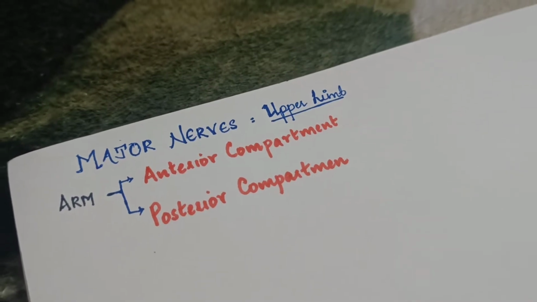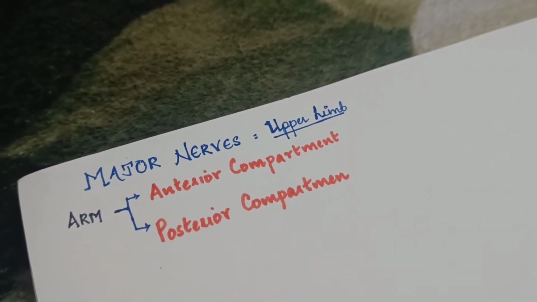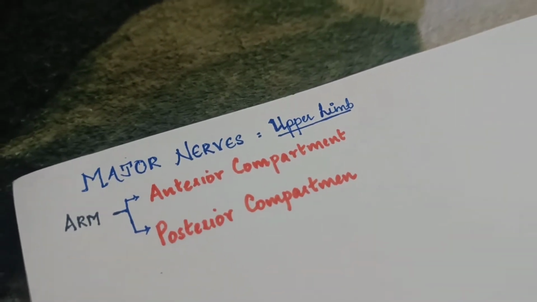You can coordinate with your own arm to understand where is the anterior part and where is the posterior part. This side is your anterior compartment, and this is your posterior compartment. You can learn like this.